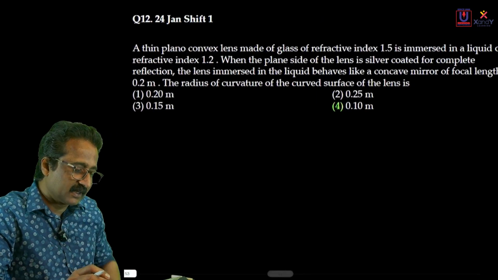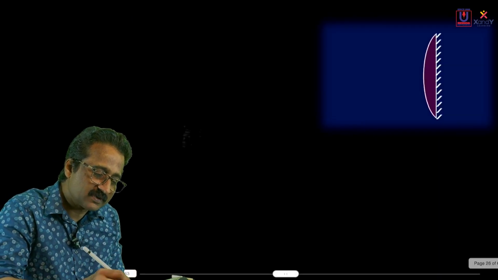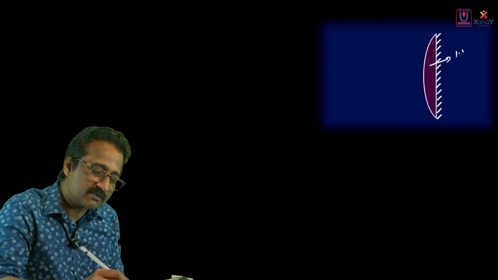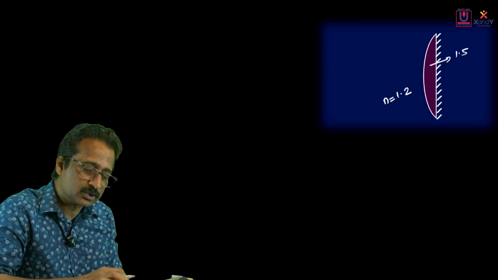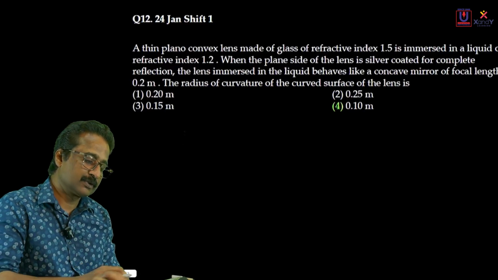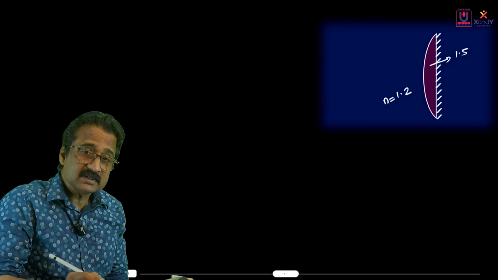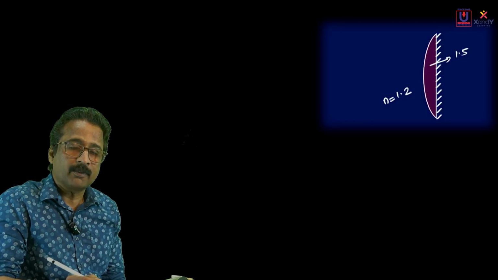Let's see what happens. Here is a lens that is immersed in water or some liquid. They say that the refractive index of the lens is given to be 1.5 and the n of the surrounding is given to be 1.2. Now this device has a focal length of 0.2 meter.